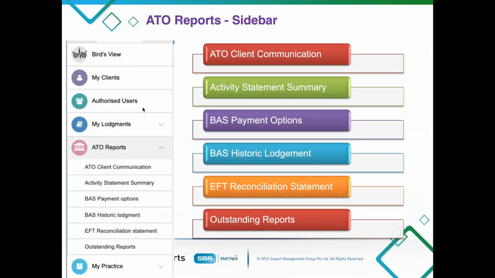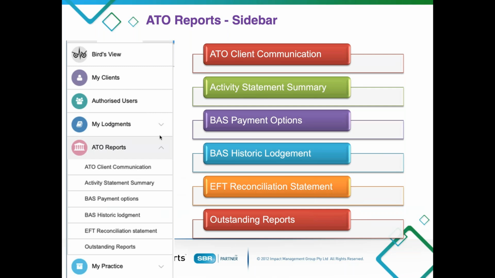When you look at the sidebar on GovReports, there are quite a few headings, and most of those you've seen and you know well. But what you'll find now is there are a few extra things. The first one that I want to talk about is in the ATO reports on the sidebar.